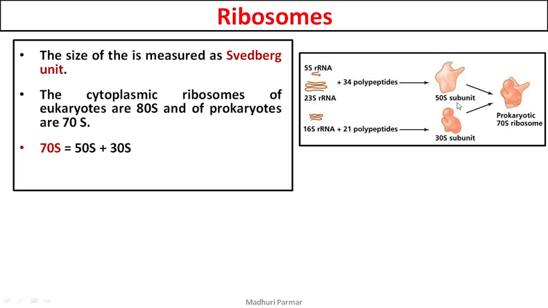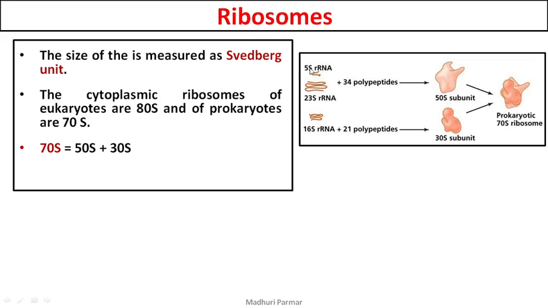Now I hope you will be able to remember this properly. A unit is any one thing and a subunit is a part of that one thing or unit. So this 50S subunit, the larger subunit, is made up of 5S rRNA. Here S is again Swedberg unit and rRNA is ribosomal RNA.